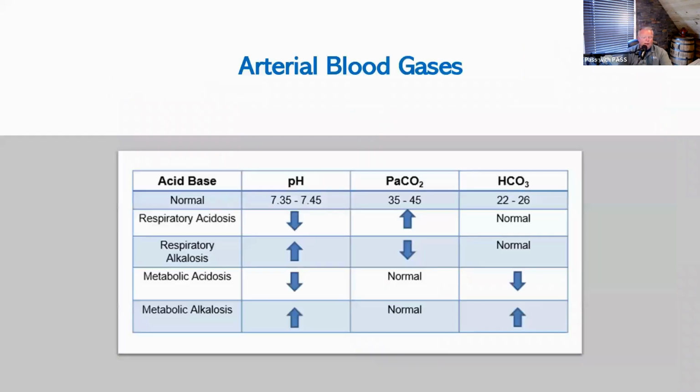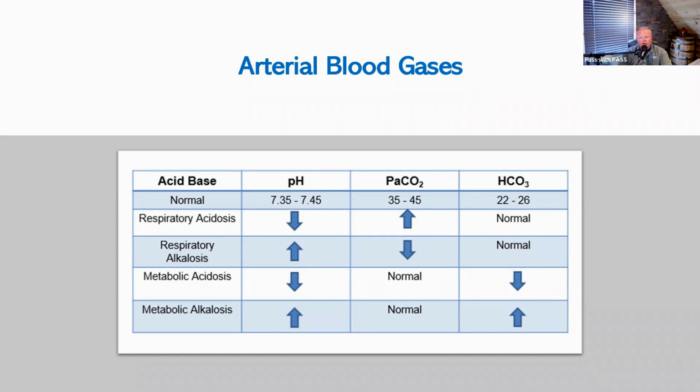All right, as we look at ABGs, arterial blood gases, I know that this gets a little overwhelming for people sometimes. All I can tell you is that we're going to try to make this as easy as we possibly can. And we're only going to look at 5 different ABG types. There are a lot more ABGs out there. There are a lot of other factors that go into arterial blood gas interpretation.